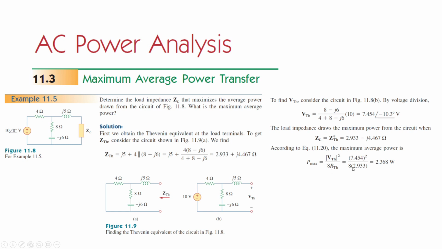We can put this value here, and we can put the value of the magnitude of V Thevenin, which is 7.45, and we can find the maximum power that this circuit can deliver to this load.